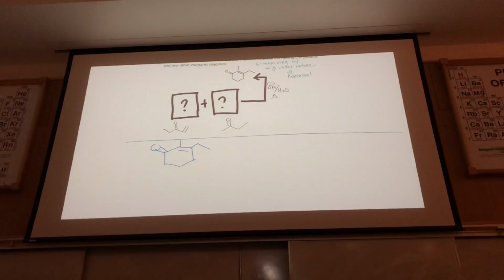So think back to the dehydration step. So forward was minus water. So what did it look like before we lost the water? Well, that's how we got the alkene, right? It's from dehydration. So the question is, where was the H and where was the OH?